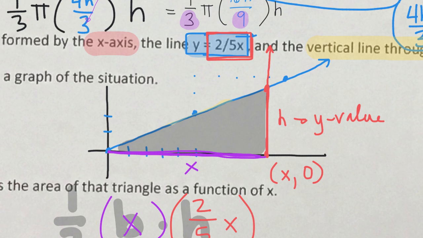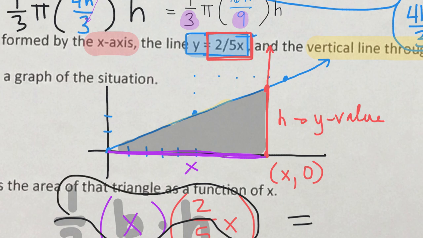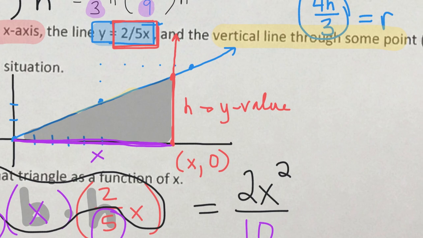Oh, I guess we will in a minute, huh? So let's simplify this equation so we have one nice thing. So all of our numerators, 1 times x times 2 times x is 2x squared, and your denominators are 2 and 5. 2 times 5 is 10. Can I further simplify 2 over 10?